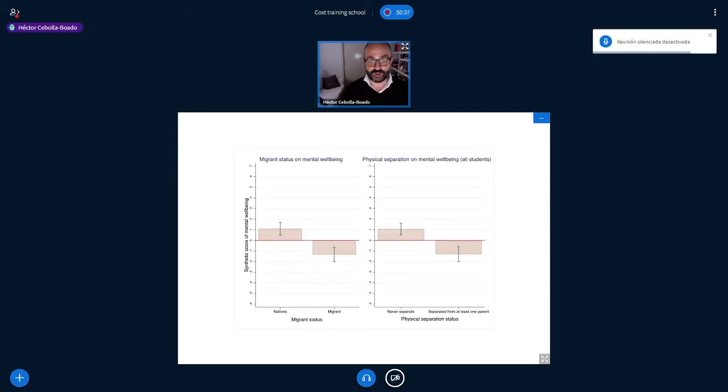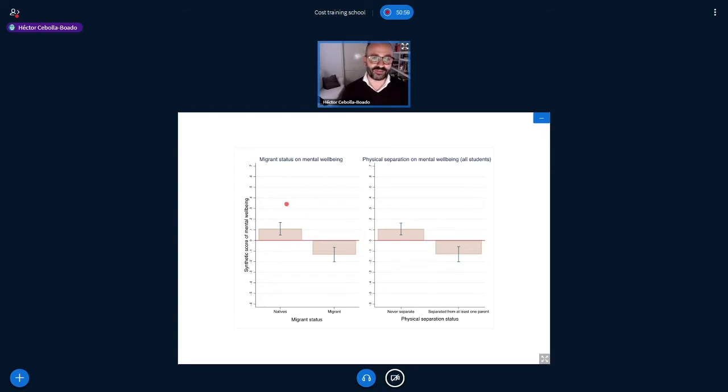And then this distribution is very similar to how different the children of families where children and parents separated for at least 3 months are when you compare them to those who never separated.